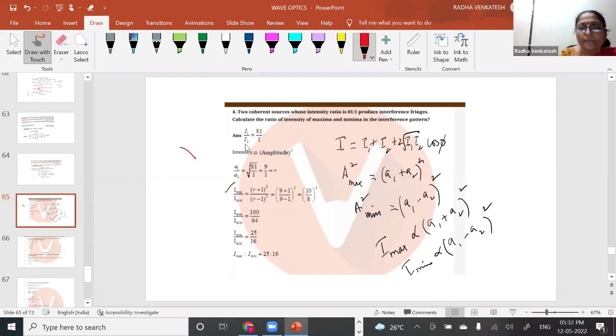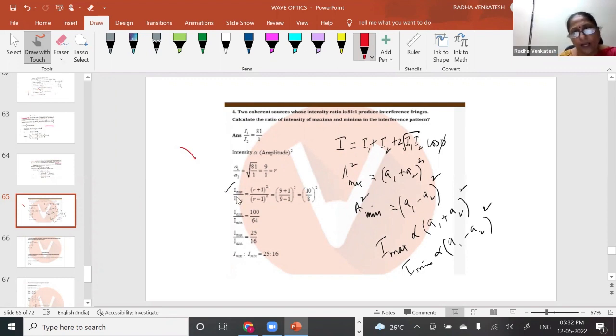They've told you intensity is in the ratio 81:1, and I know intensity is proportional to amplitude squared. So A1 by A2 will be root of 81/1, which is 9/1.